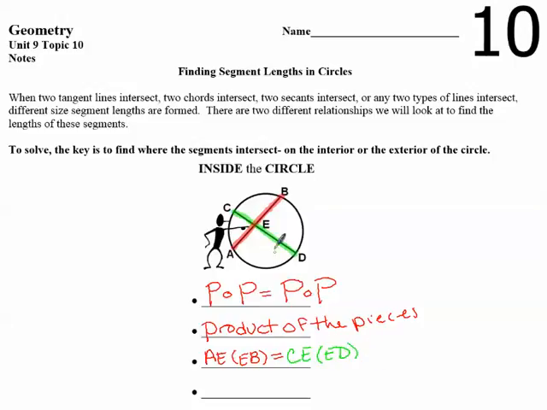So I took each segment length and I broke it up into little pieces. So I just remember it by pop because I'm going to pop you in the head with it when you get hit with that ball. So let's do some examples.